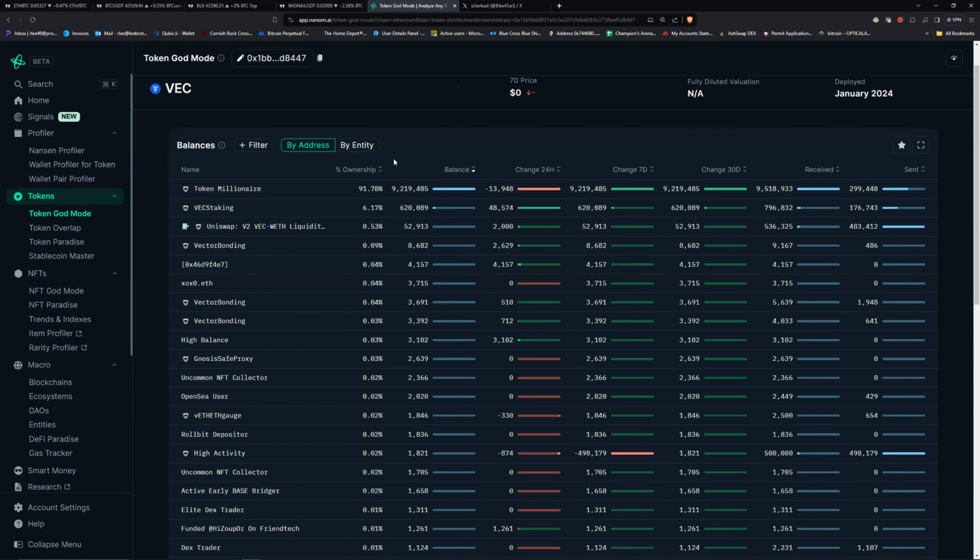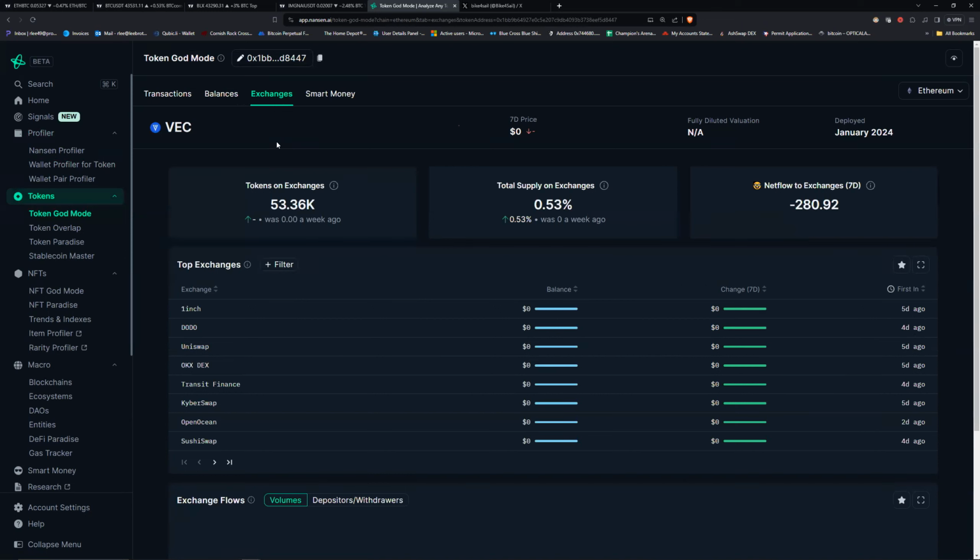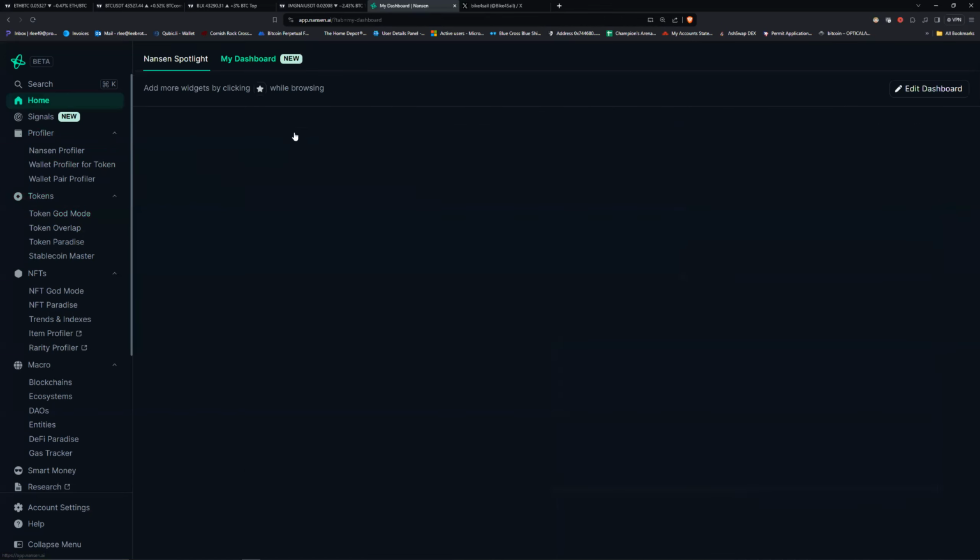So really, nobody's been accumulating a ton of it. These are the top wallets here, so that's good. You want it to kind of be distributed, so one big wallet can't just dump on you. That's the point. Anyway, that one looks pretty good.